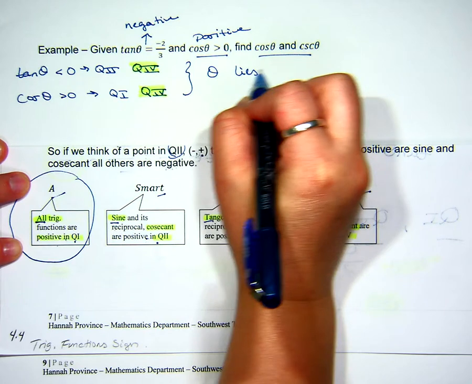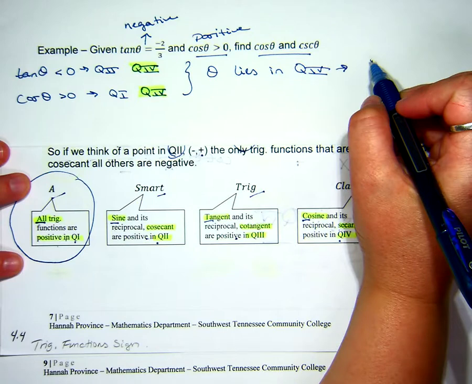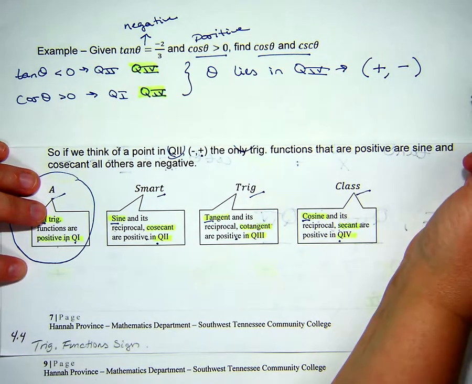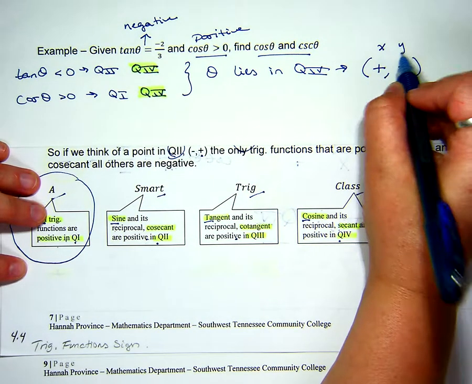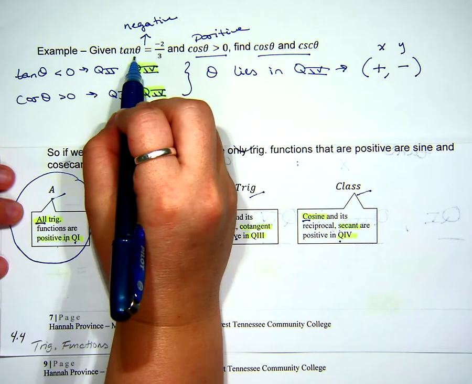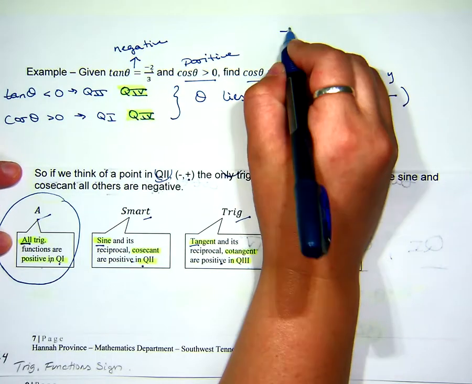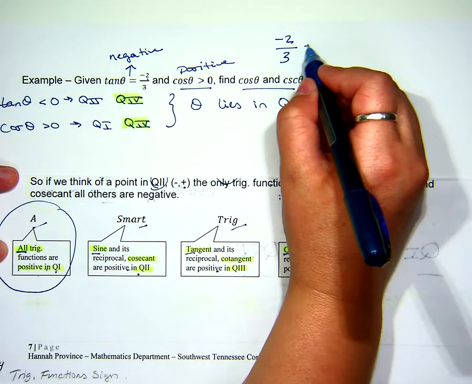So theta lies in quadrant 4. Quadrant 4, what kind of points does quadrant 4 have? In quadrant 4, it has positive x's and negative y's. So that when you have tangent of theta is y over x, remember, just because a number is written like this does not imply that the negative goes with the top.